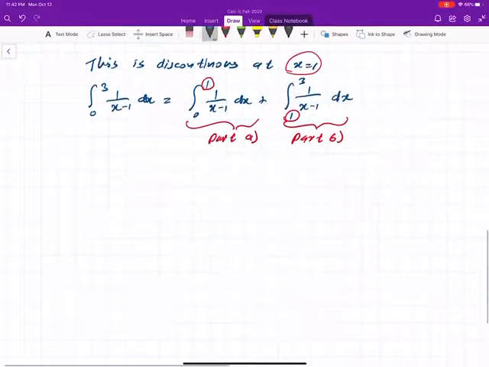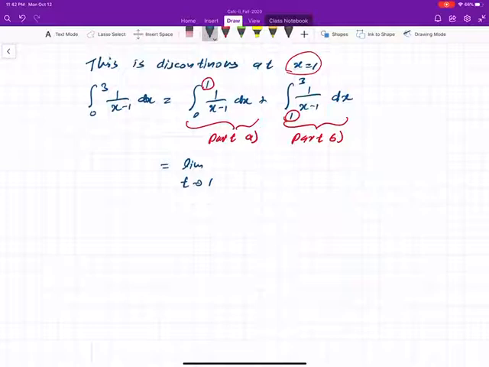Now here you're going to introduce the limit t goes to 1. Now you have to determine whether it's positive side or negative side.